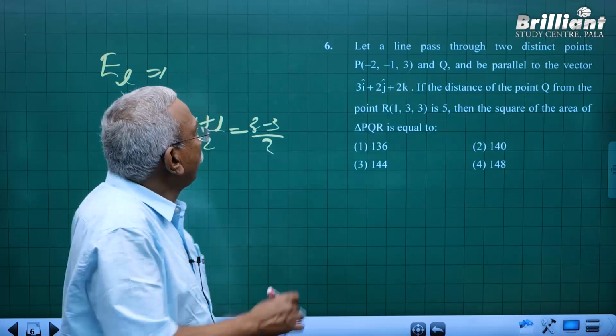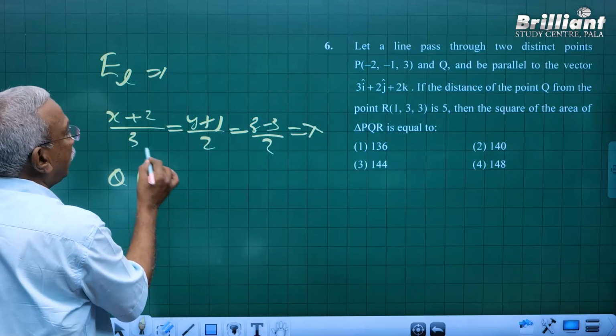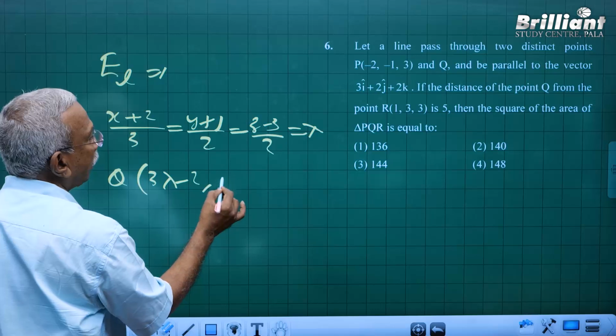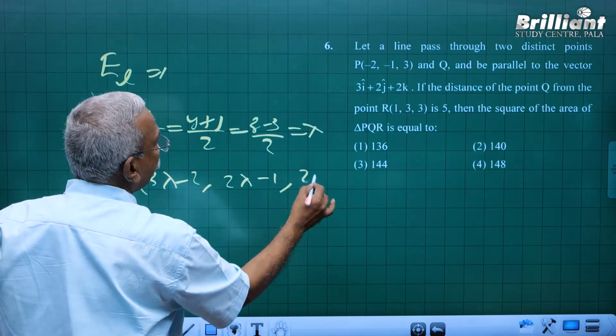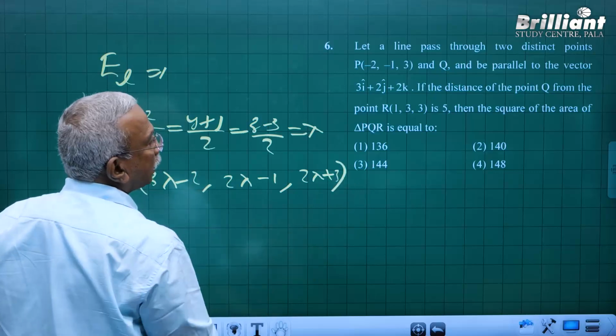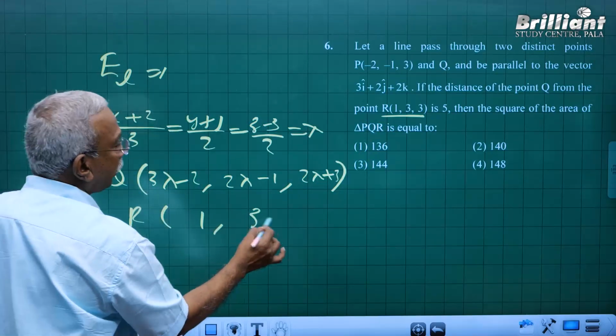So, we can find a general point for Q. Put it as lambda, which implies that Q is (3 lambda minus 2, 2 lambda minus 1, 2 lambda plus 3). Now there is a point R given, so we can put R equal to (1, 3, 3).